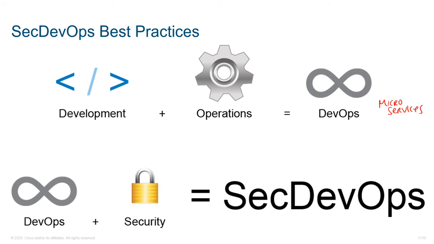When we look at just some terms that some of you might already be familiar with, we take development, we take operations, and we get DevOps. DevOps was put together for quicker deployment times, and uses microservices instead of those big monolithic large pieces of code.